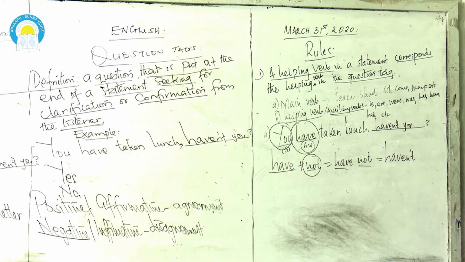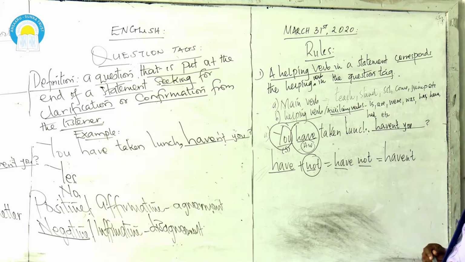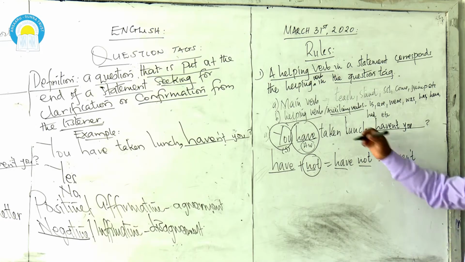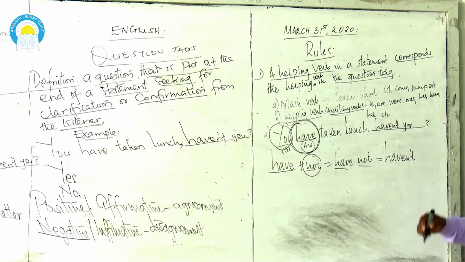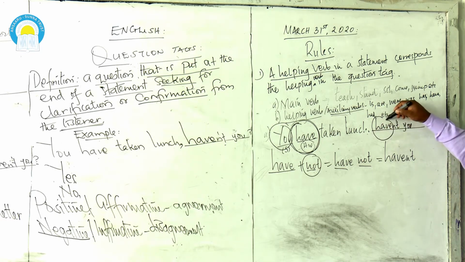So my center of interest with respect to my rule that a helping verb in a statement corresponds to the helping verb in the question tag. In my statement, we have have. In the question tag, as much as it is haven't, have has equally been repeated.